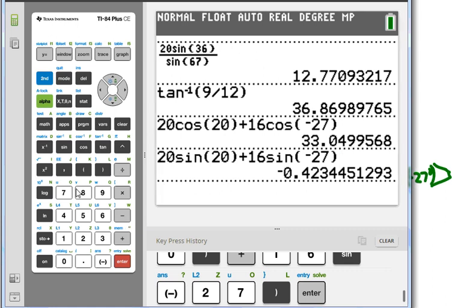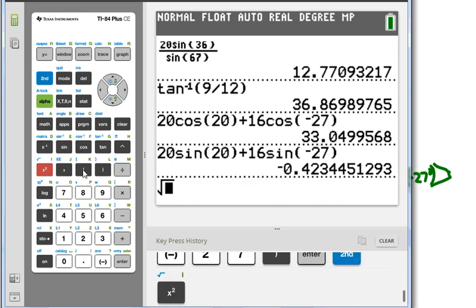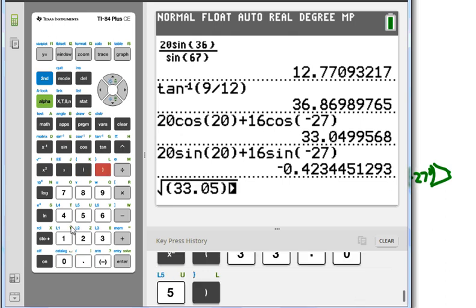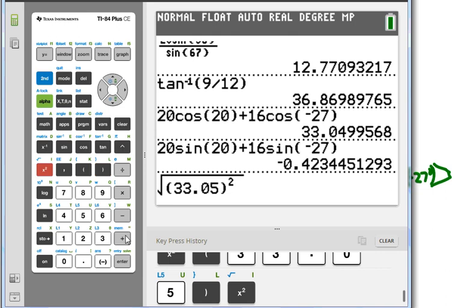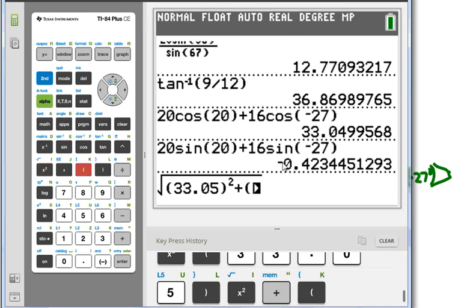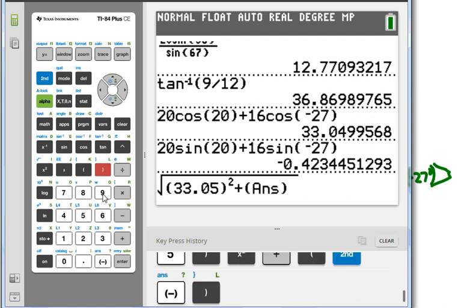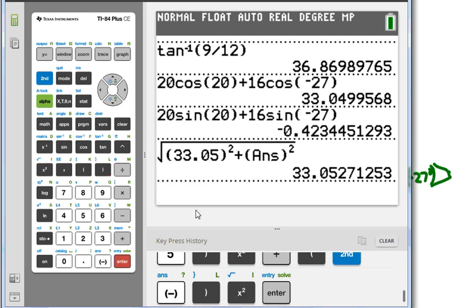So we can just find the magnitude like this. I'm going to put 33.05 squared plus the last number calculated here, which is going to be second answer, close parentheses, square that, and we get 33.05.